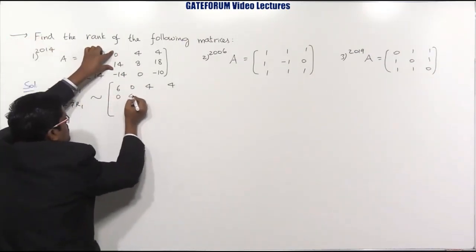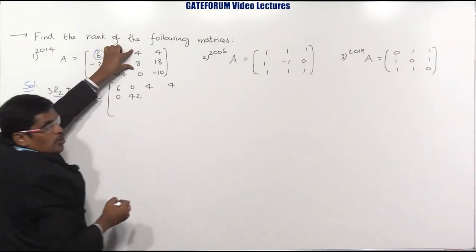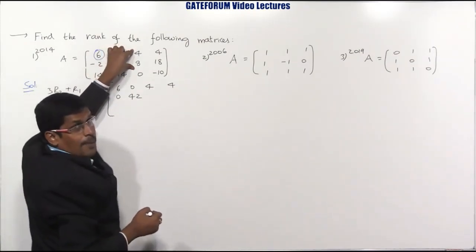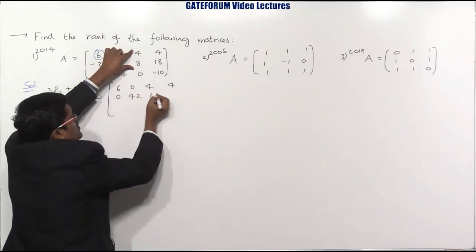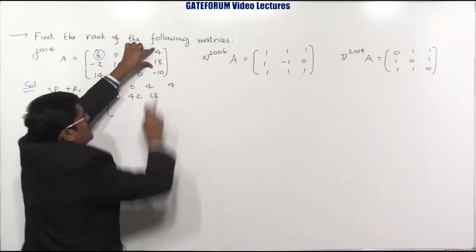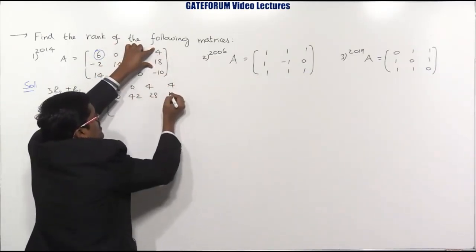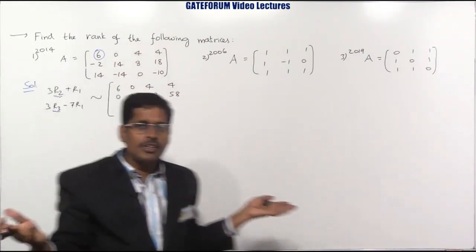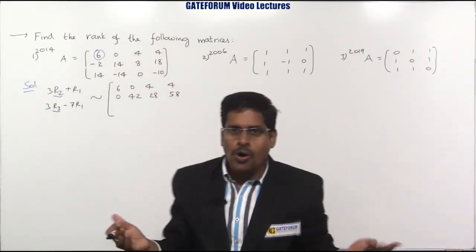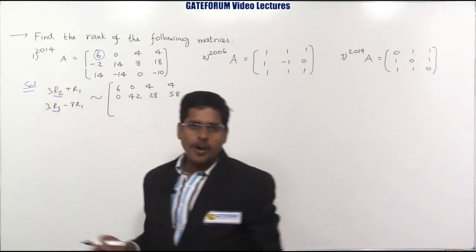So 42 plus 0, 42. Next, move like this, because we are applying R2 with R1. 3 8s are 24 plus 4 simplifies to 28. Next, 3 into 18 plus 4. That is 54 plus 4, 58. So these are the new elements of the second row R2 by using this operation.